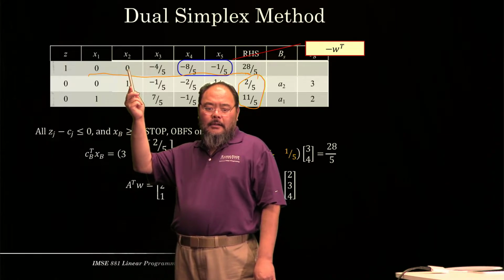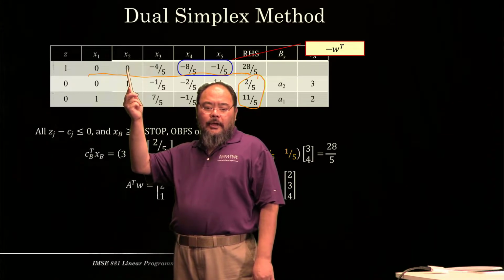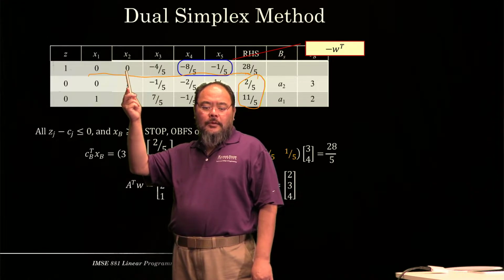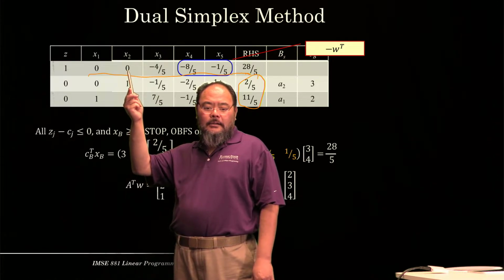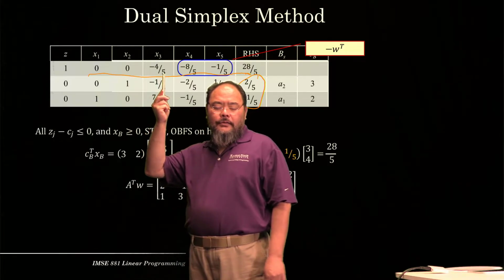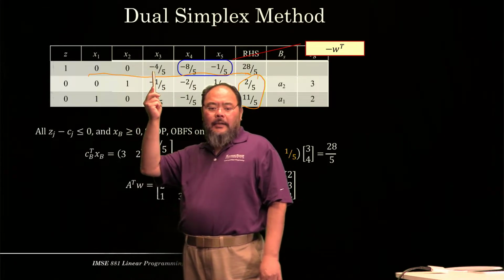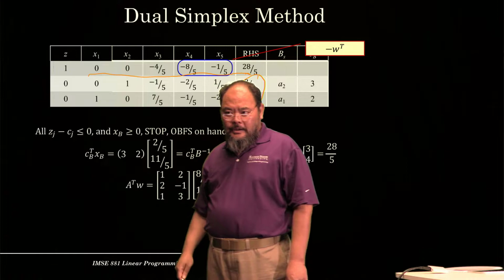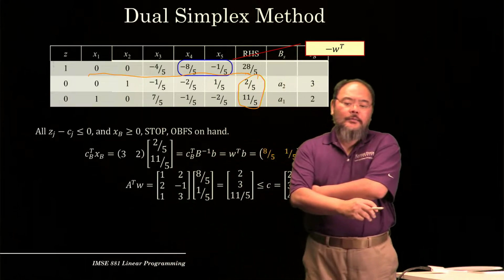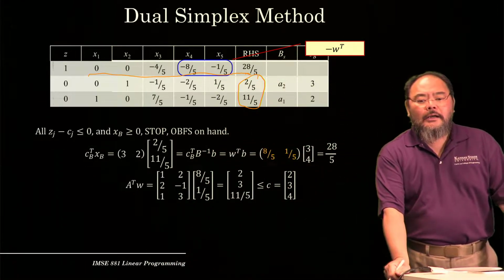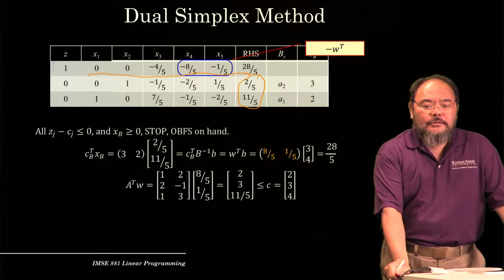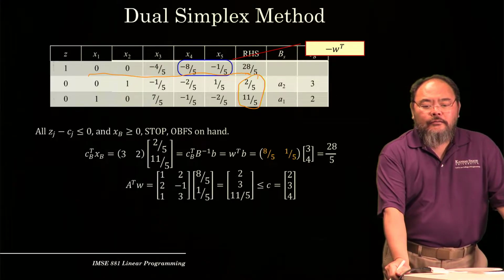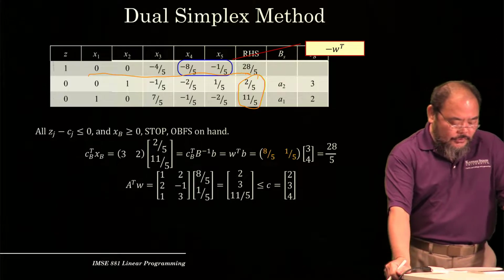Second constraint, same thing: A transpose times omega equals c as well. The third one is not tight, and it is a negative value. That means A transpose times omega is less than or equal to c, which is also dual feasible, satisfying all the dual constraints.